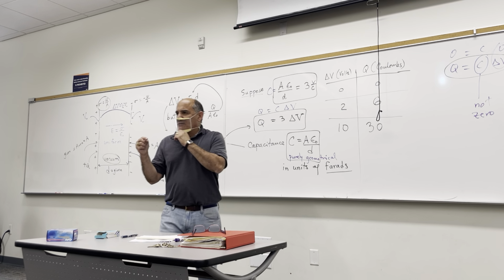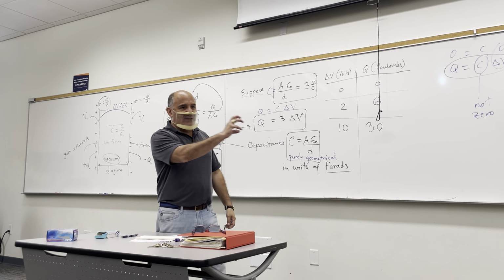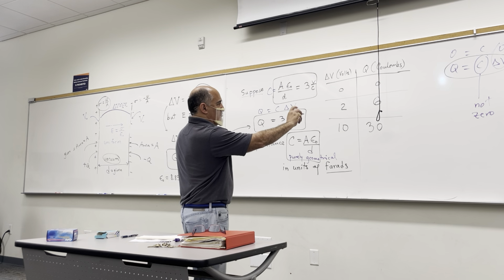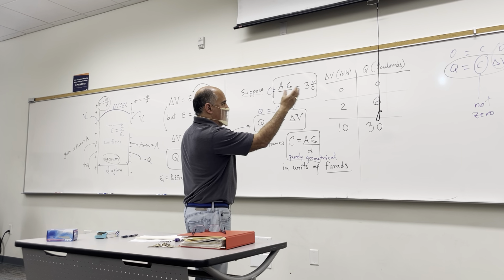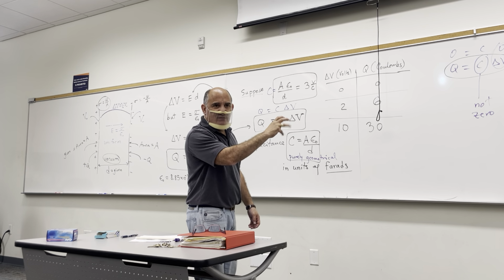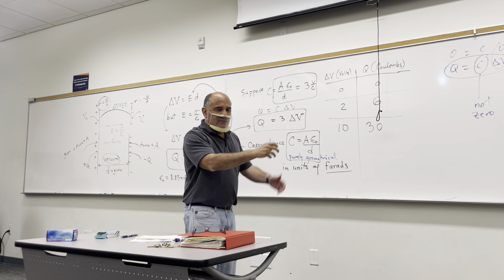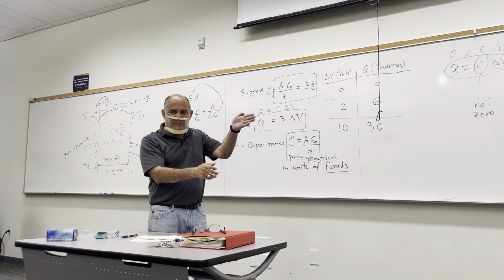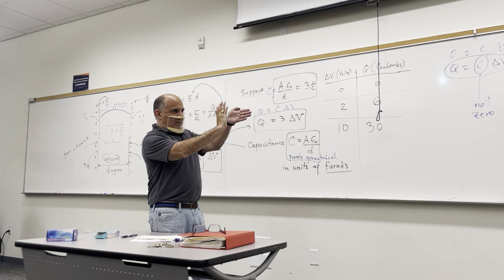Those older radios that have a dial, a knob, and you go like this, oh, I want to tune into 102.7 or 103.5 or whatever. When you turn the dial, there's a plate in the radio that's fixed, and you're turning another plate. As you turn this plate, the area between them is changing.